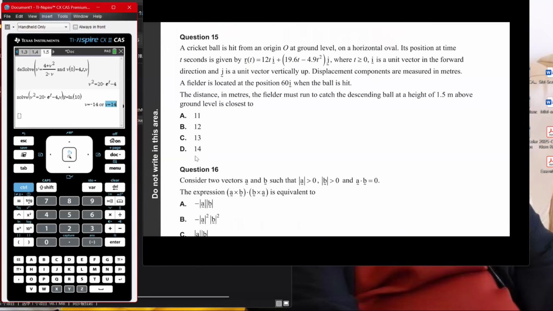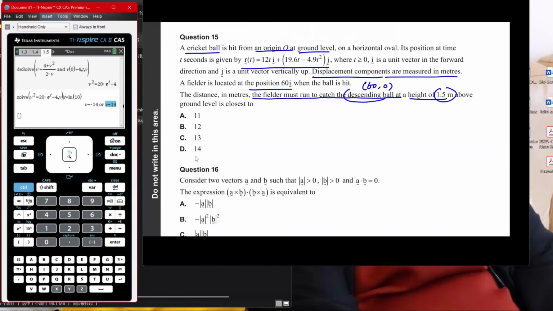Okay, projectile motion. A cricket ball is hit from an origin hole at ground level. Okay, position is given by this thing. Displacement components are measured in meters. Fielder located at position 60i, so the location is 60, 0. The distance in meters the fielder must run to catch the descending ball at a height of 1.5 meters.